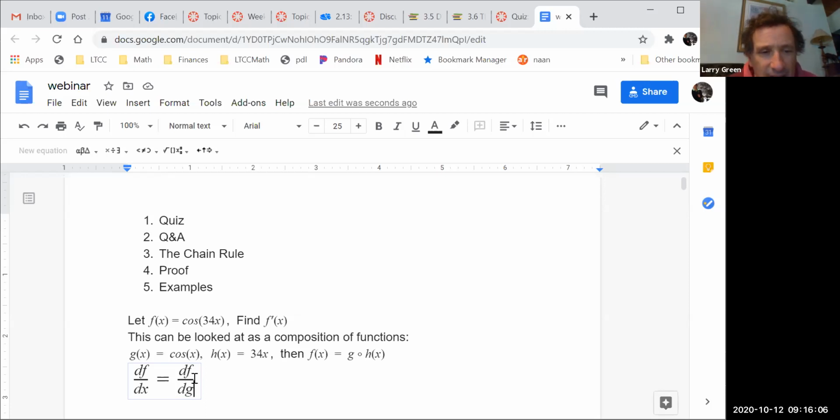Let's write it a little bit differently. Before I even write that, let's call g of x cosine of x and give it a letter, it'll be easier to understand. Maybe u.